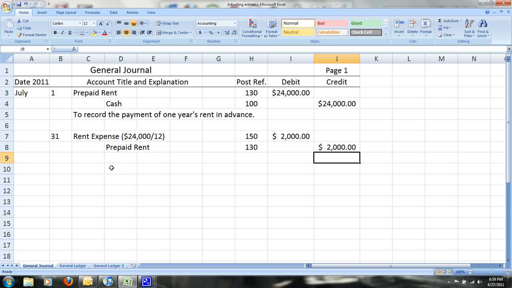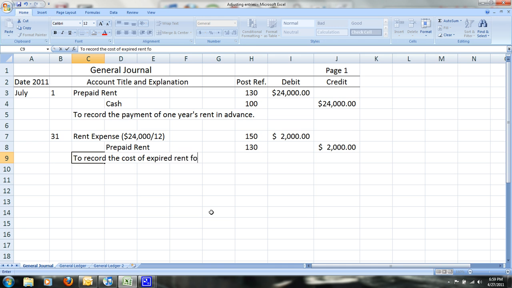And then all that's left is to just write a little explanation of what you did. And we're doing that to record the cost of expired rent for the month of July. All right. And the last step is just to post these to the general ledger.